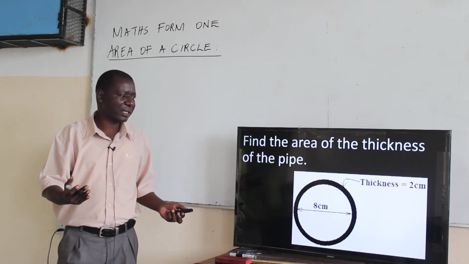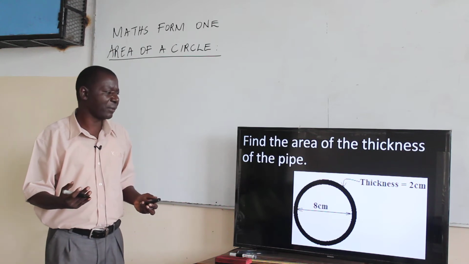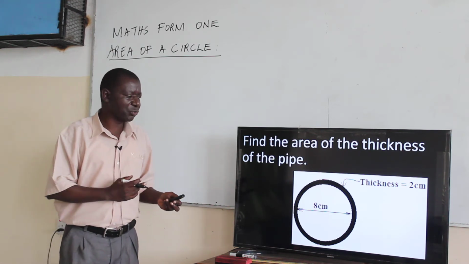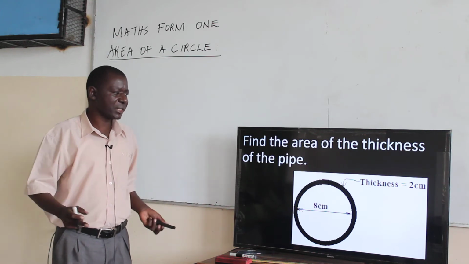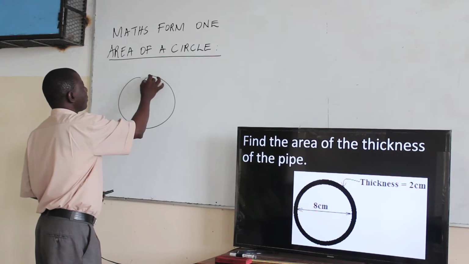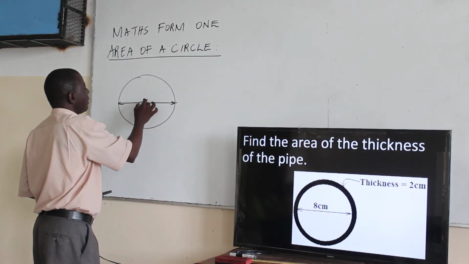That will be adding 4 centimeters to 8. So that is going to give us 12 centimeters. That will be the diameter of the outer circle.